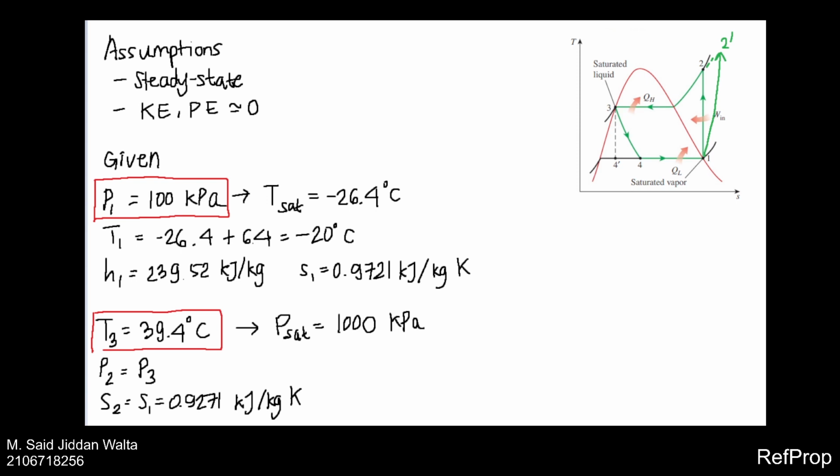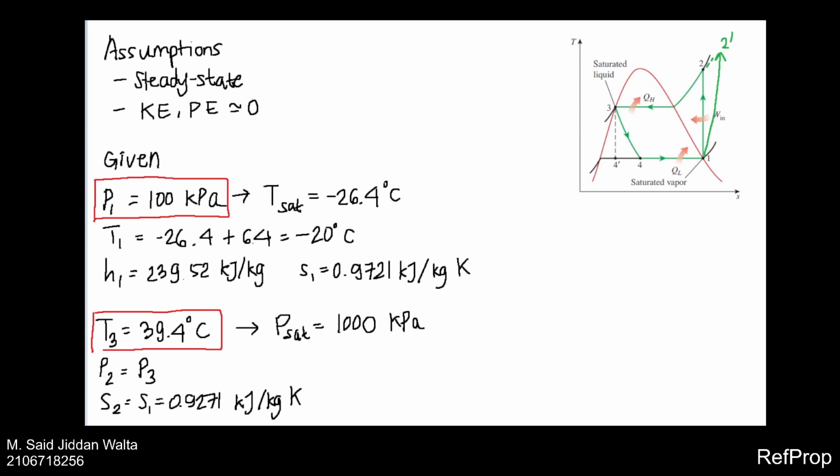Using these values of pressure and temperature, we can use the same table to find the enthalpy and also the entropy of the refrigerant 134A before it starts to be compressed.